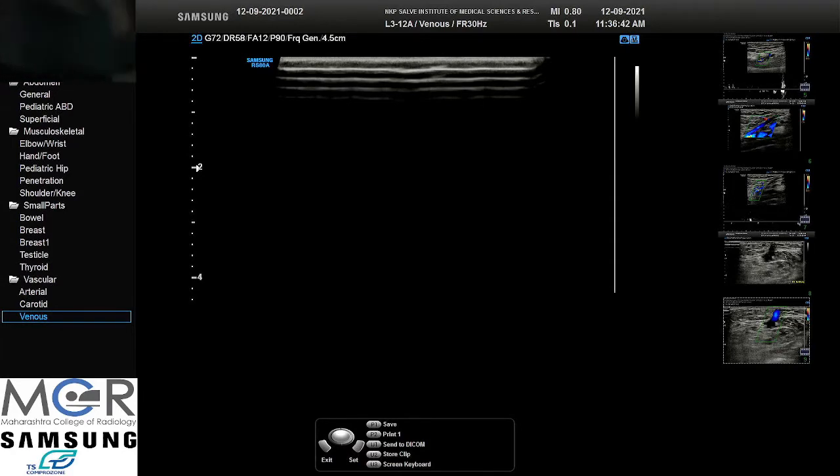I'll ask the cameraman to please focus here. Look, we can see the laser going in. You can see the light through the leg. Gently we will insert it. When it reaches the groin, we will scan and see where the tip of the fiber is.